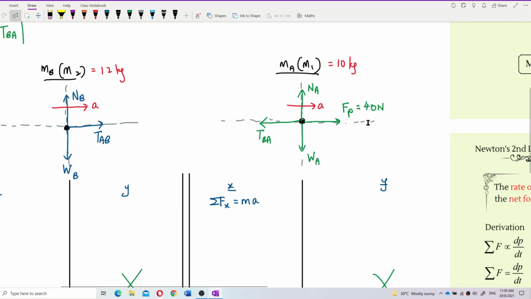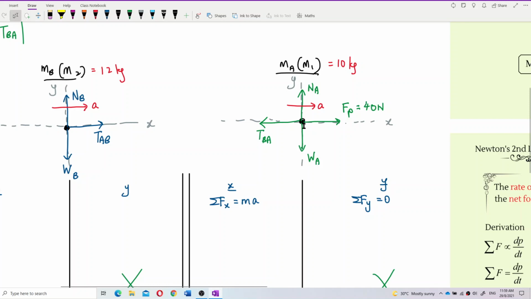In the x component, total Fx equals m a, because this is the x, this is the y. In the x component we have acceleration, so it's ma. But for the y component it is 0 because no acceleration.